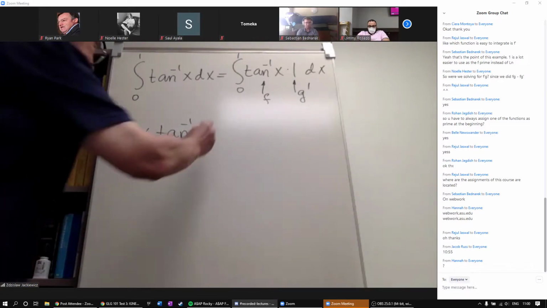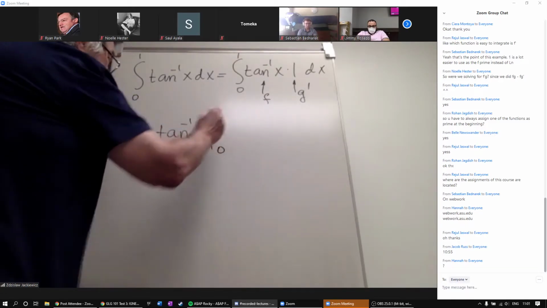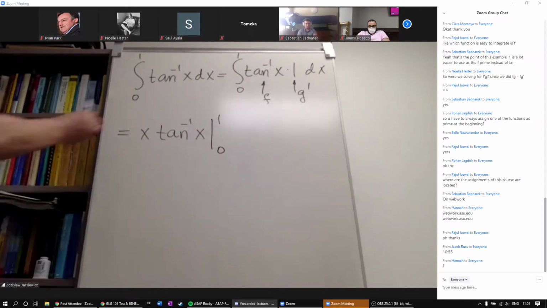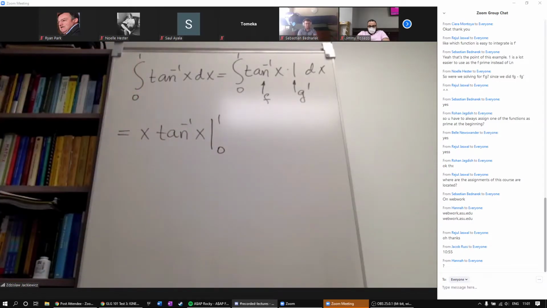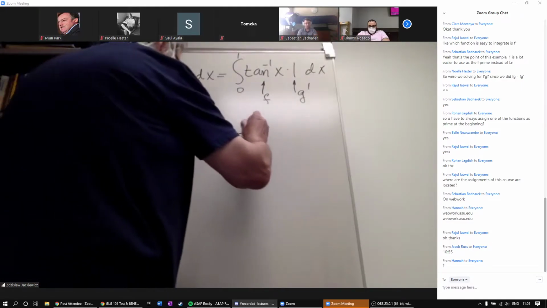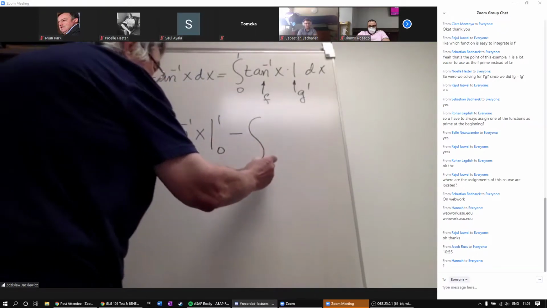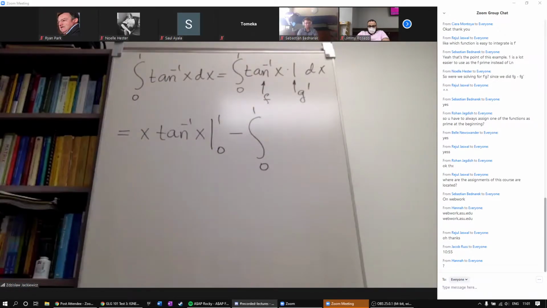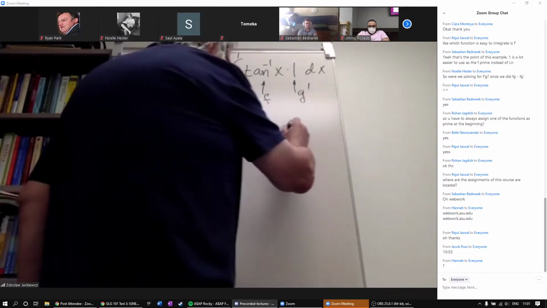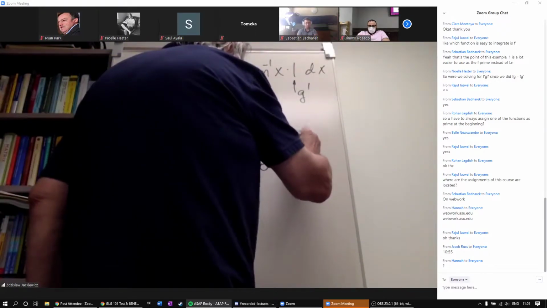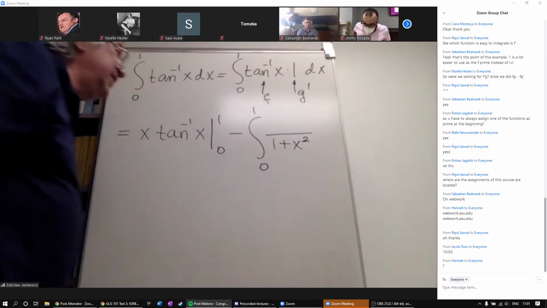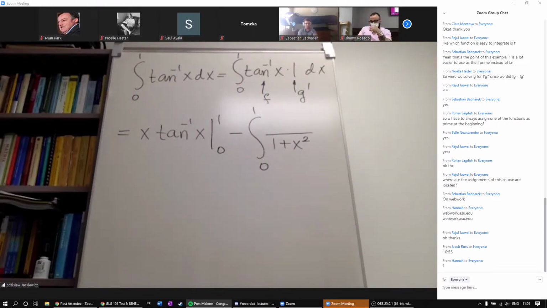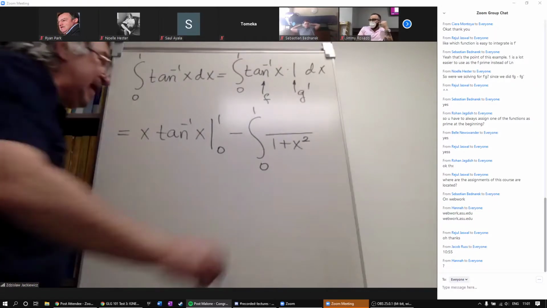Well, the formula tells you in those limits from 0 to 1, minus integral from 0 to 1, now definite integrals, f prime g. Well, f prime, you remember, is 1 over 1 plus x squared. That's f prime. And the g is x.